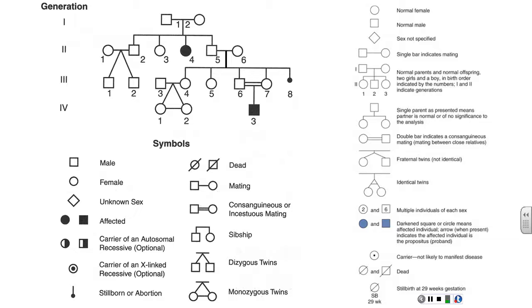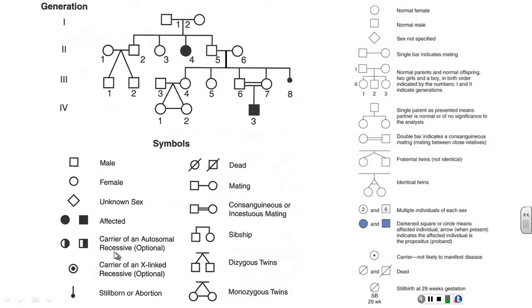And so it's important for you to recognize in those, most of the time we don't see the carriers designated, okay? Sometimes you will, and if you do, you'll see one of these two things, and I think there's probably, in the section on genetics before we're done, you'll probably see both of these represented, either a half shade or a circle inside.